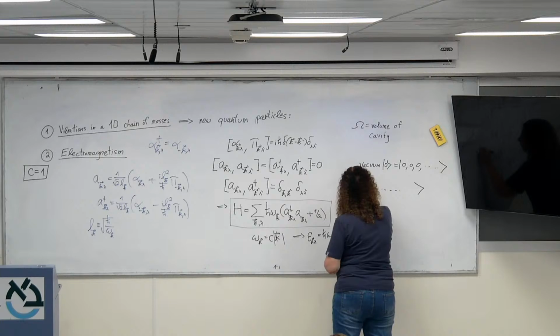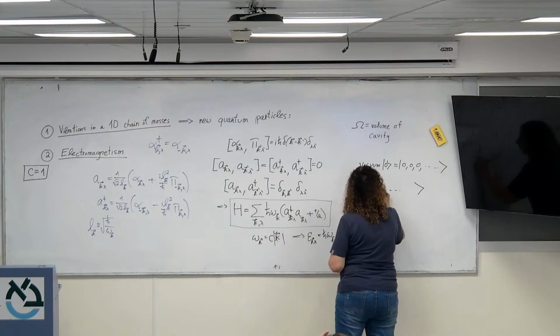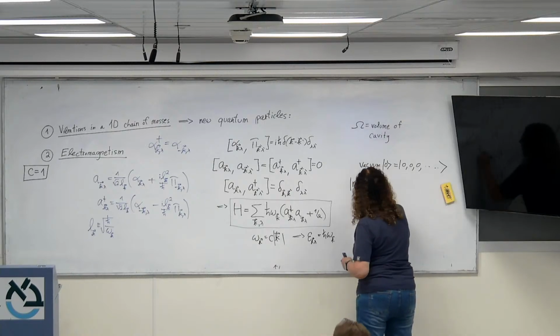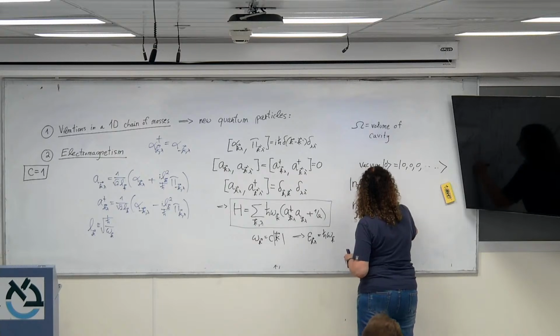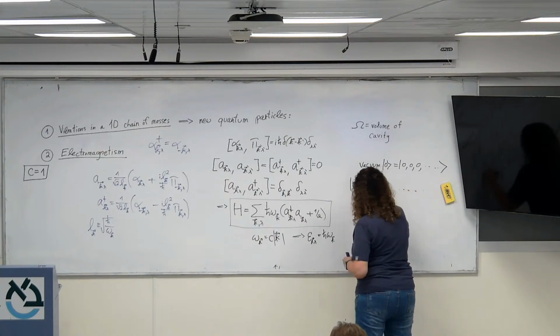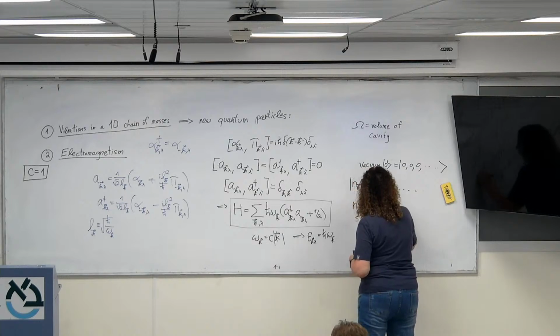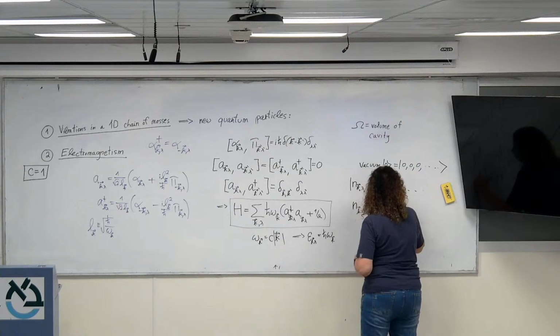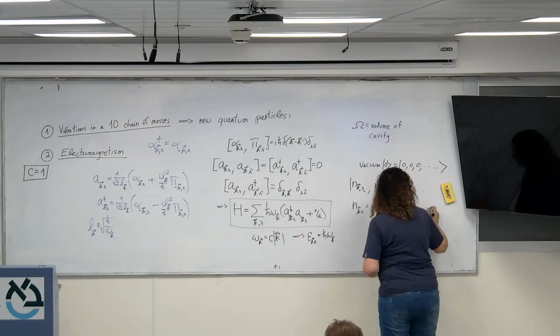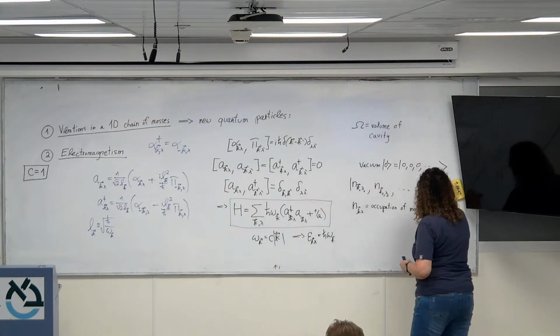Sorry, there's also a lambda. k is a vector, and in addition, to write it more clearly, |n_k1λ1, n_k2λ2, ...>, where n_kλ is the occupation of mode or state kλ.